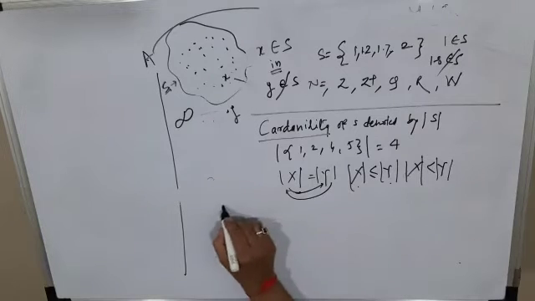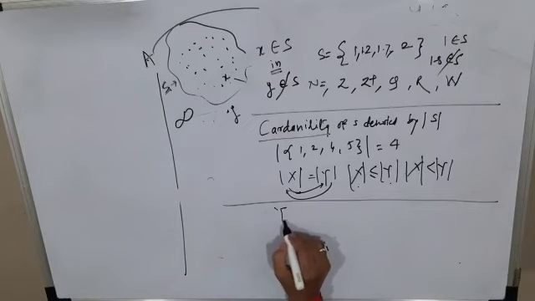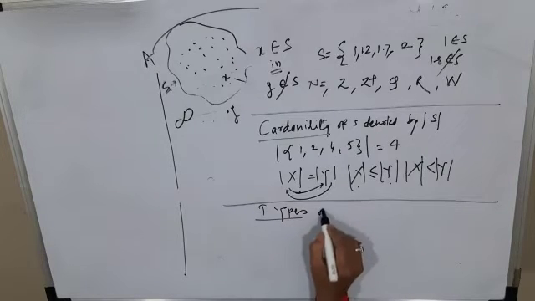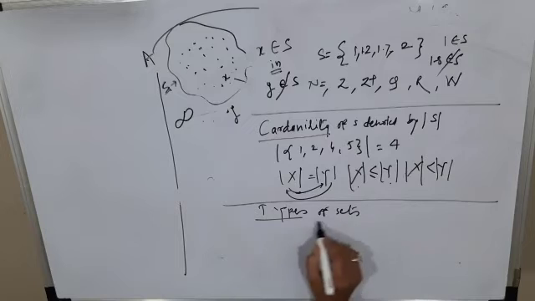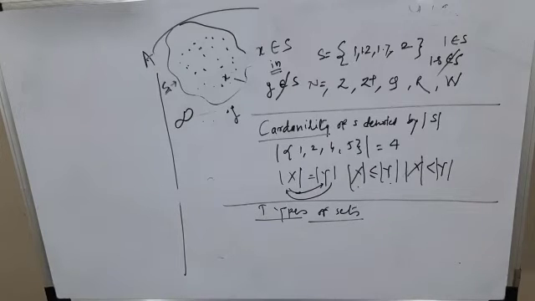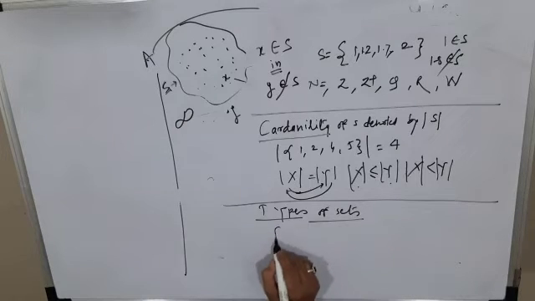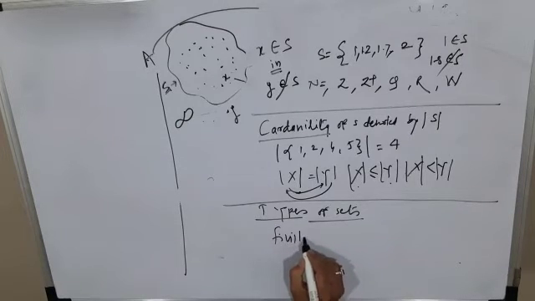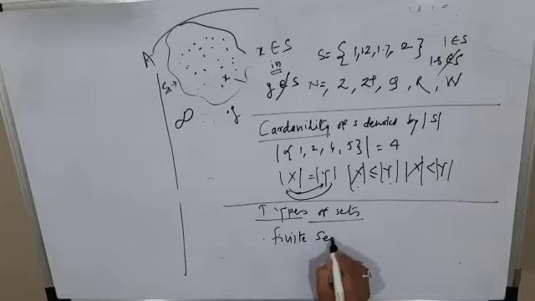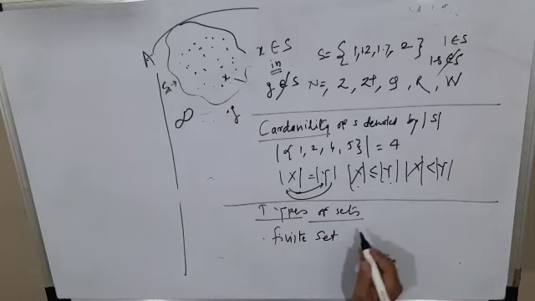Now let us see the types of sets. A set with a definite number of elements is called a finite set. First is the finite set. We can give an example using set builder notation.